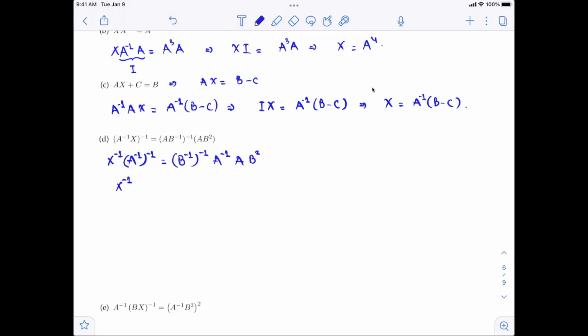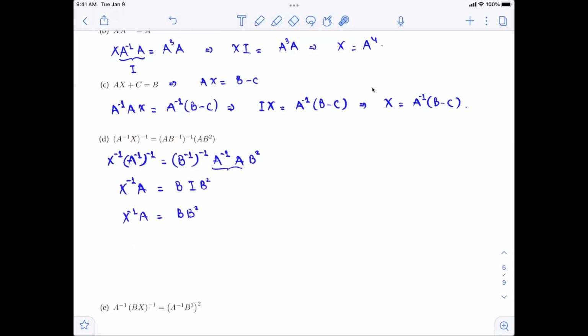So X inverse times A equals B times the identity matrix times B squared, or X inverse times A equals B times B squared.